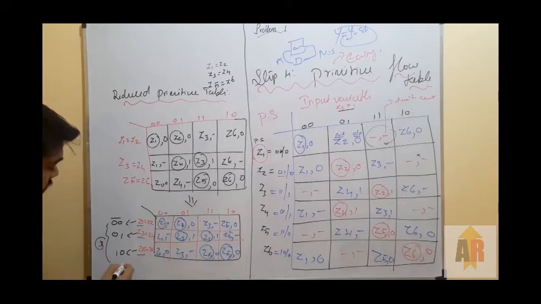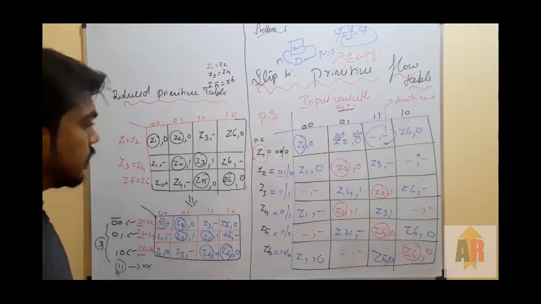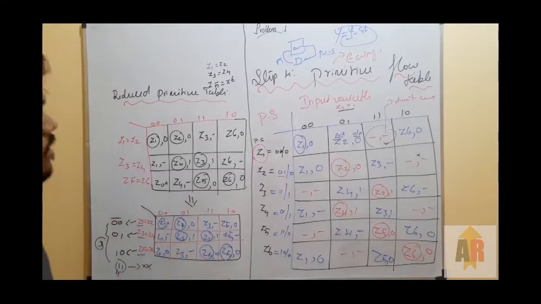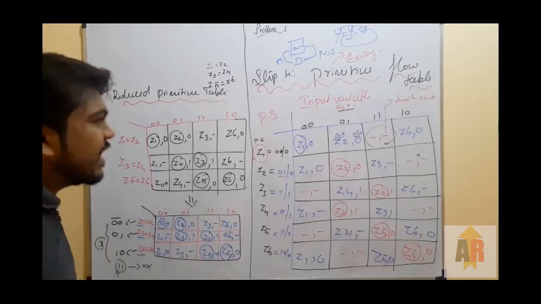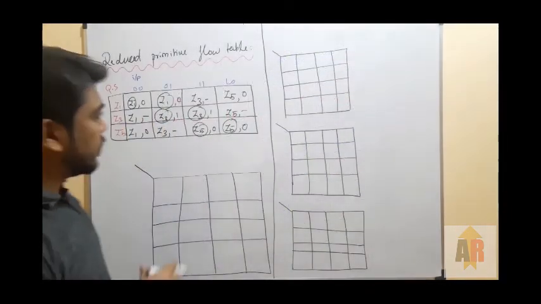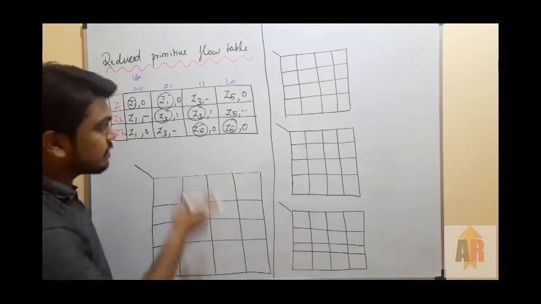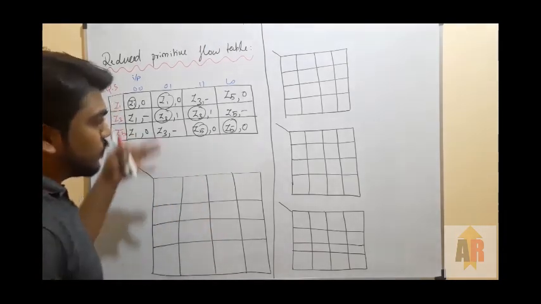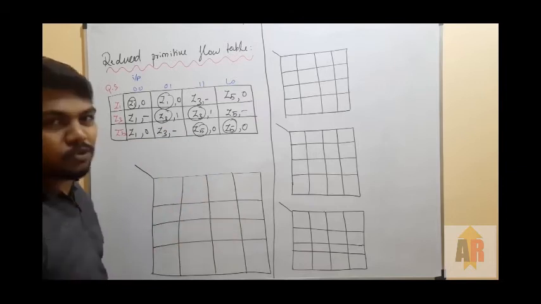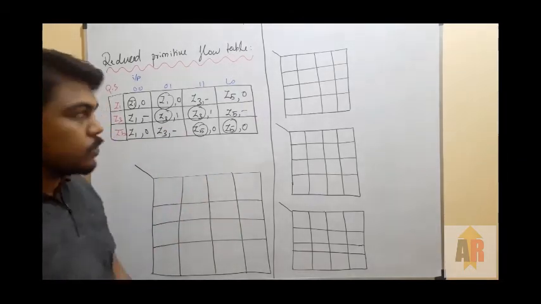For the remaining possibility, 1 1, wherever it occurs I put a don't care condition. Got it. Now we can go to the next step, which is the K-map. Don't get surprised because this data was available over here. Just to make it simple, I redrew everything in a short manner. Got it.